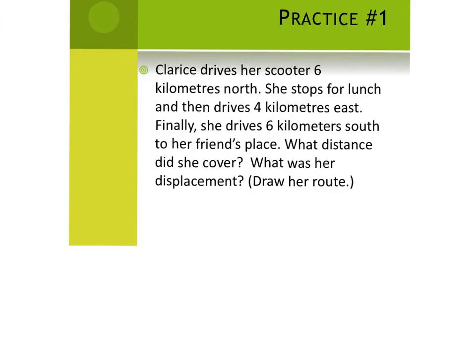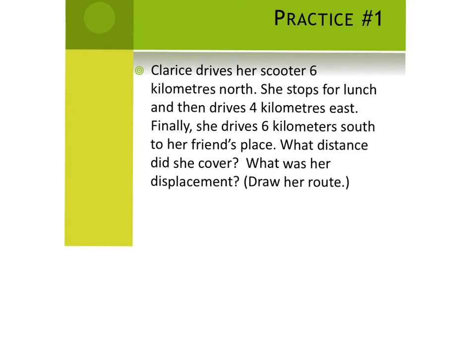Okay, so I've given myself a little bit more space here. So she drives her scooter 6 kilometers north. So let's say this is her starting point. Okay, let's call this point A. So she goes 6 kilometers north. We'll call this point B. This was 6 km. Stops for lunch, 4 kilometers east. So east is going to be to the right.